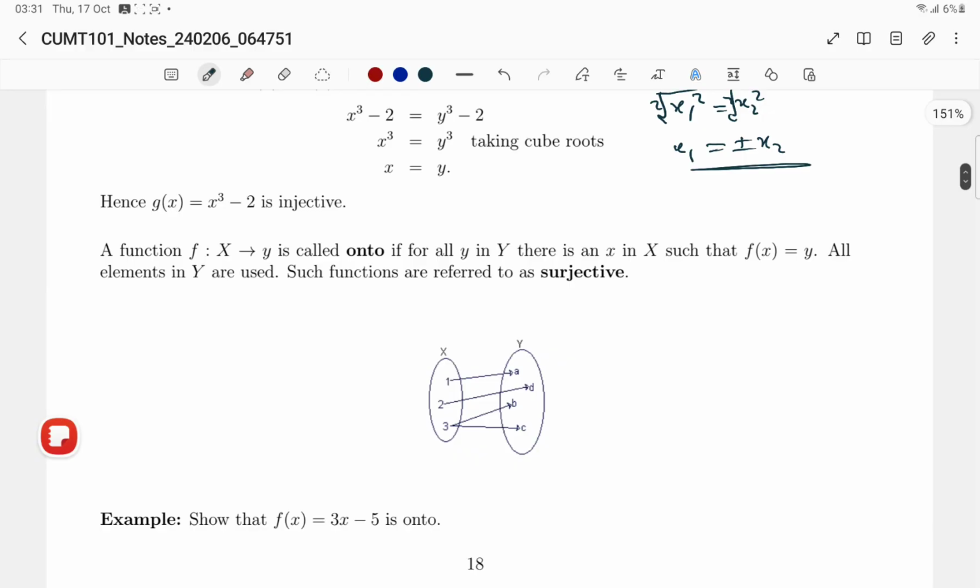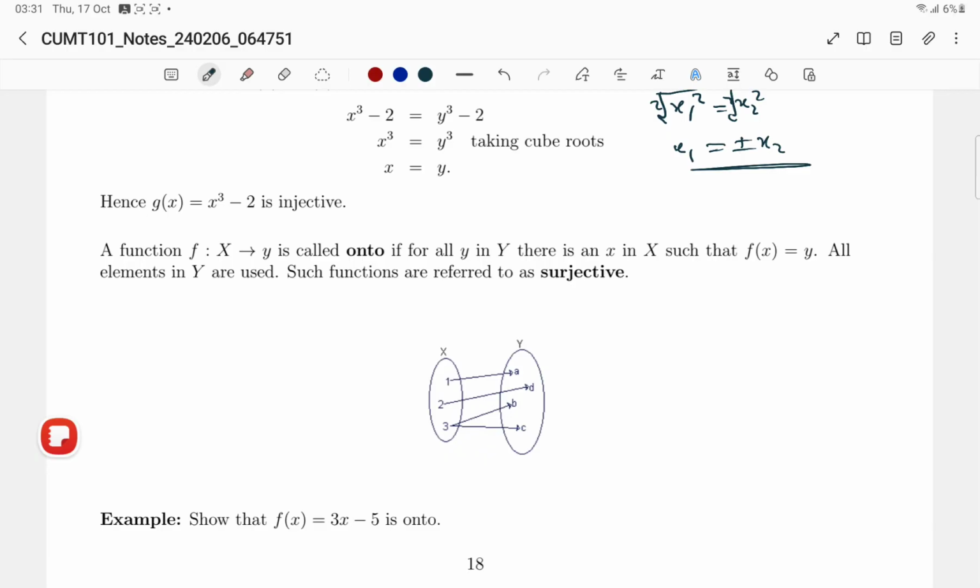Then lastly, we're going to talk about a function f which maps X to Y is called onto if for all y in Y there is an x in X such that f of x is equal to y. So this one is now ontoness or surjectiveness.